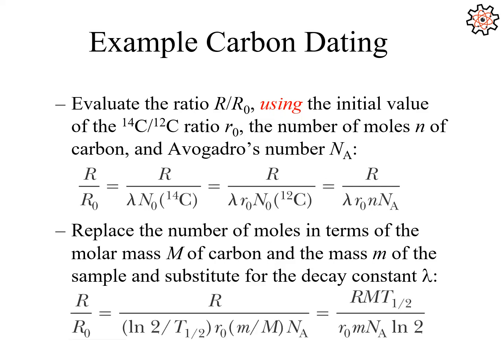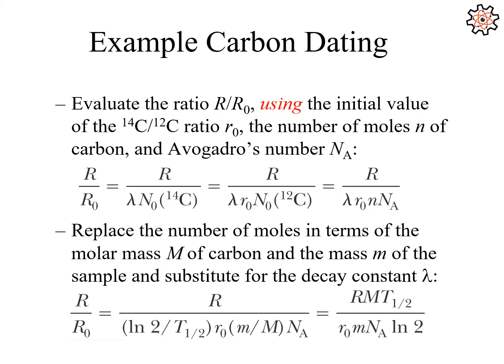So now if we replace lambda in terms of half-life, which is something we know for carbon-14, we can rewrite that equation for mass as well. Little m over the molar mass, capital M, is the number of moles. And we get that equation shown. Okay, so it looks like quite a long process to arrive at R over R0, but we're there now.